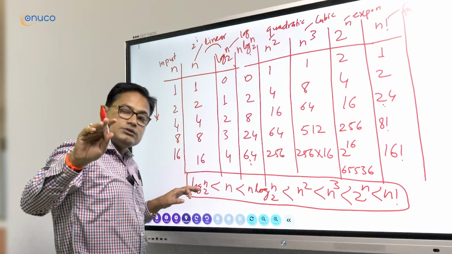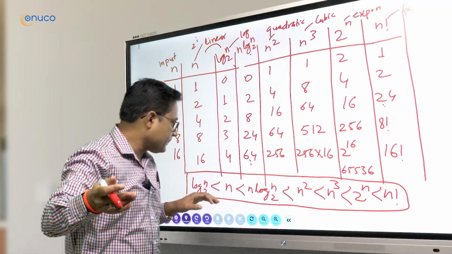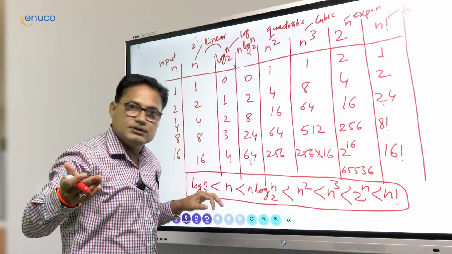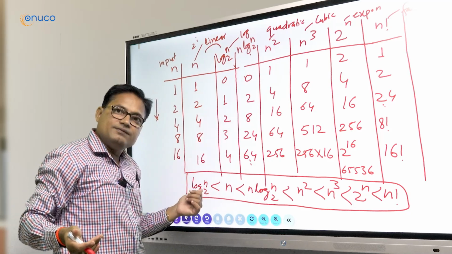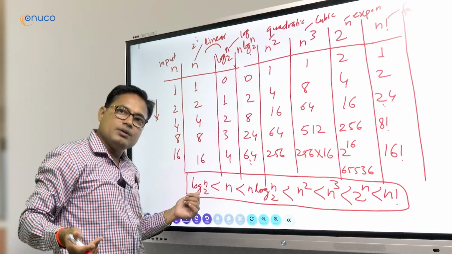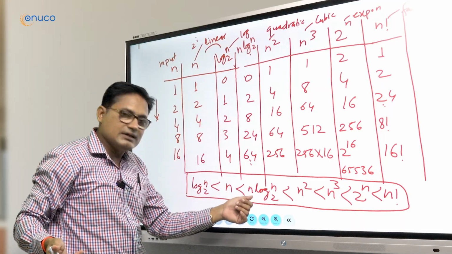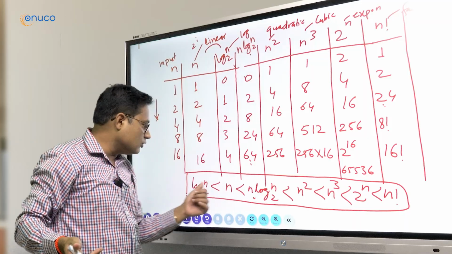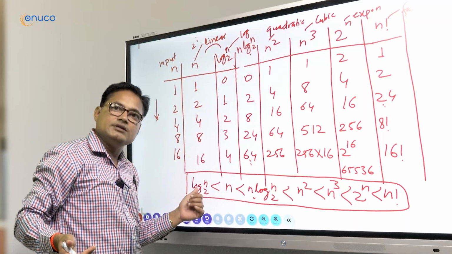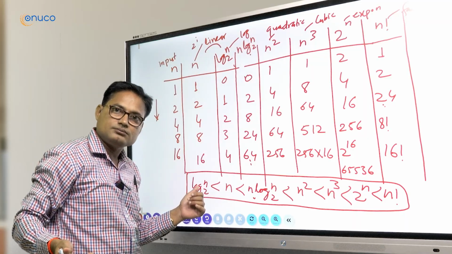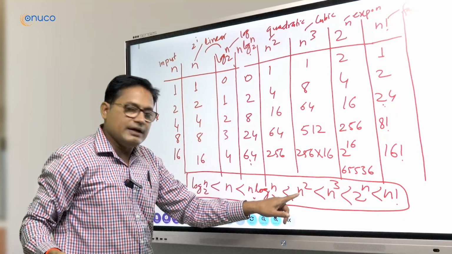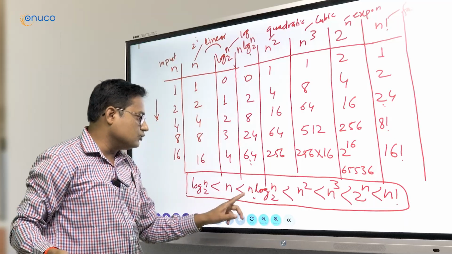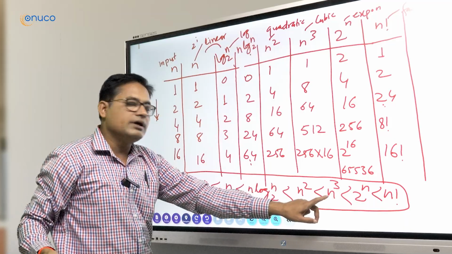Suppose based on the given problem, we have more than one method. We check that if the first algorithm is taking log n base 2 complexity, and the second algorithm is taking n log n base 2 complexity, we'll go with log n base 2 because it is the more effective one. Similarly, say the first algorithm is giving n square, the second is giving n log n, and the third is giving n cube.